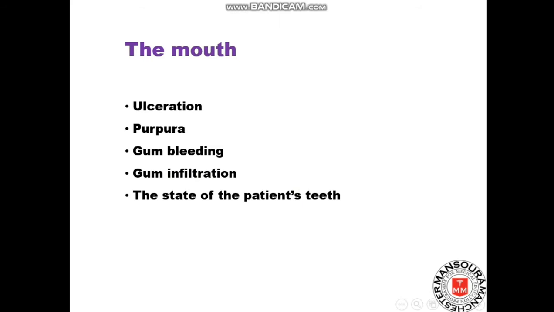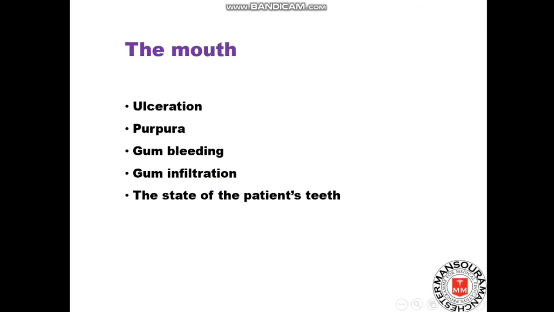Mouth examination in cases of hematological diseases looks for ulceration, purpura, gum bleeding, gum infiltration, and the state of the teeth. This is a clue to diagnose the hematological disease. Ulceration, for example, occurs in immune compromised patients, in cases of megaloblastic anemias or leukemias.